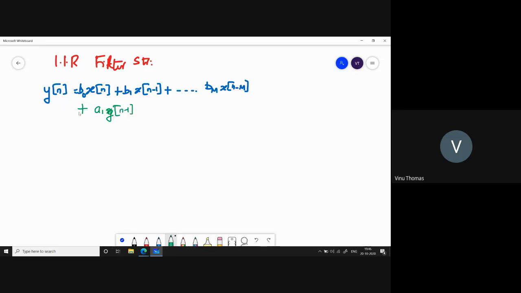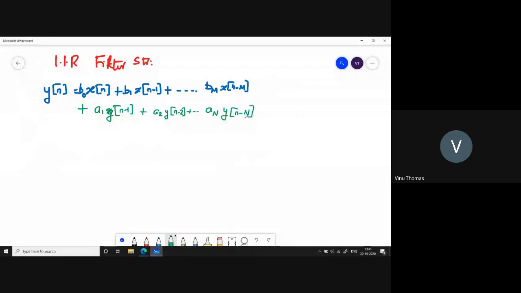So a1 y of n minus 1 is the previous output sample, plus a2 y of n minus 2, plus etc. up to an y of n minus n.